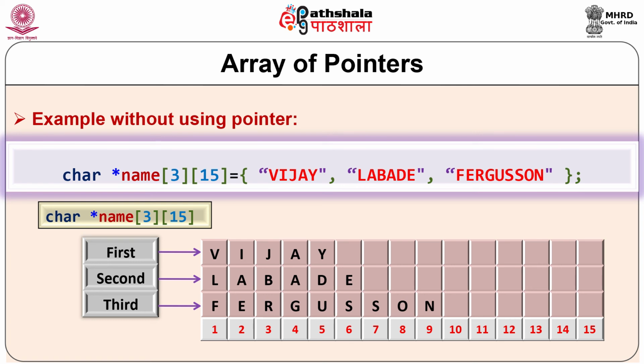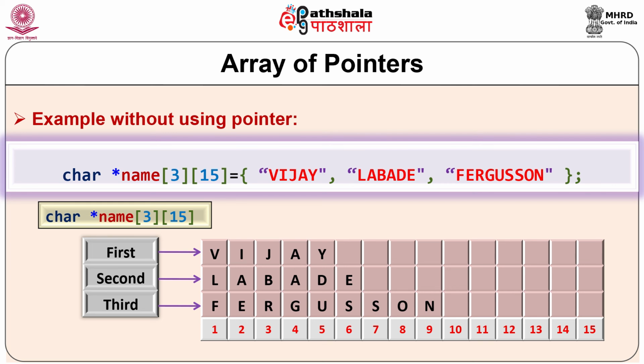Now, in this example we have considered the size as 15 and therefore there are locations reserved from 1 to 15 that you can see below Ferguson. Here data usage is still 9 memory locations but extended till 15 memory locations.